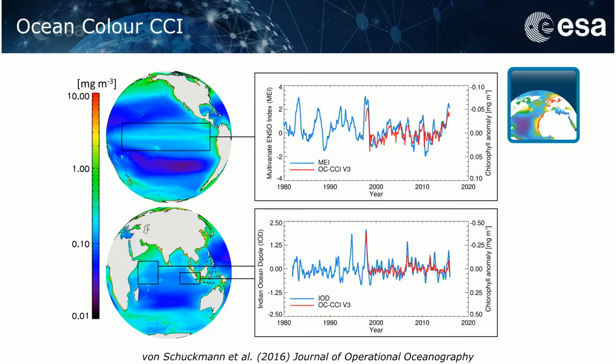Why is ocean colour an essential climatic variable? Well, the ocean colour is our only window into the marine ecosystem from space. It gives us information about phytoplankton, and phytoplankton are an essential component of the Earth system. For example, they've contributed to between 50 to 85% of oxygen in our atmosphere.